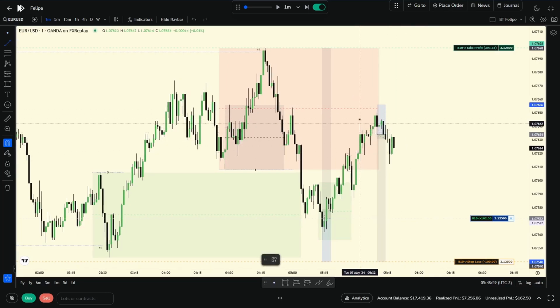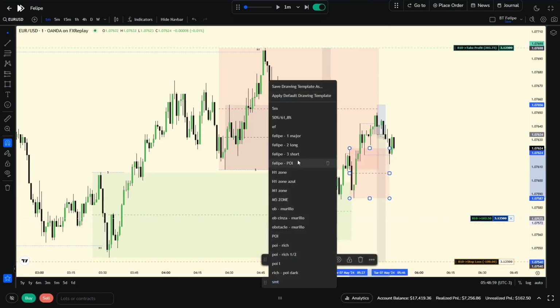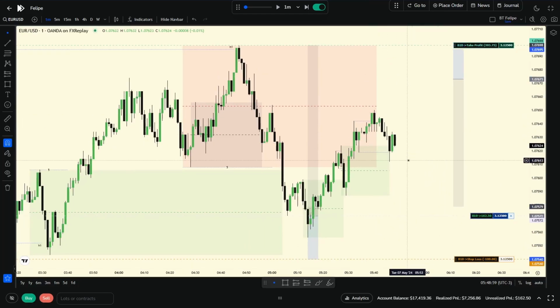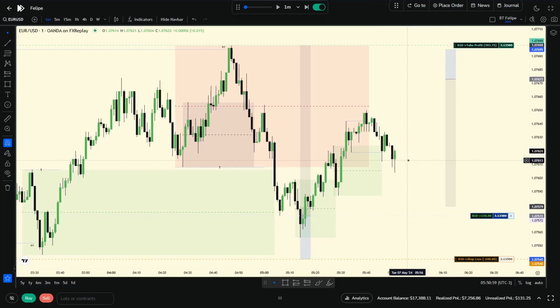And this is also another manipulation to this POI. This one is going to wait. Tap the 50%.